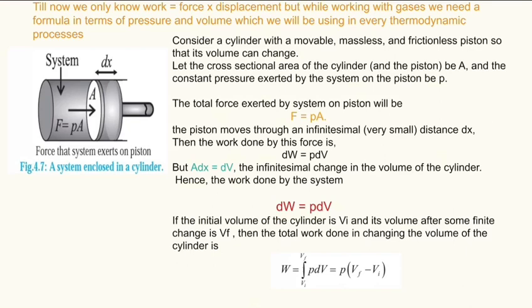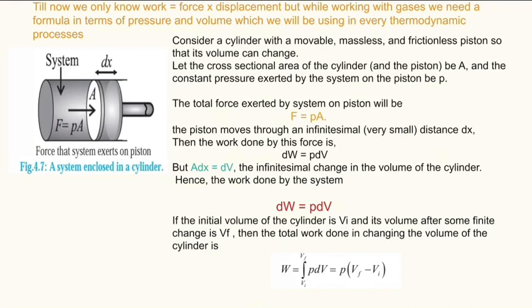Let us consider a cylinder with a movable, massless and frictionless piston so that its volume can change. Let the cross-sectional area of the cylinder be A and the constant pressure exerted by the gas on the piston be P. The total force exerted by the system on the piston will be F is equal to PA. The piston moves an infinitesimal distance dx.